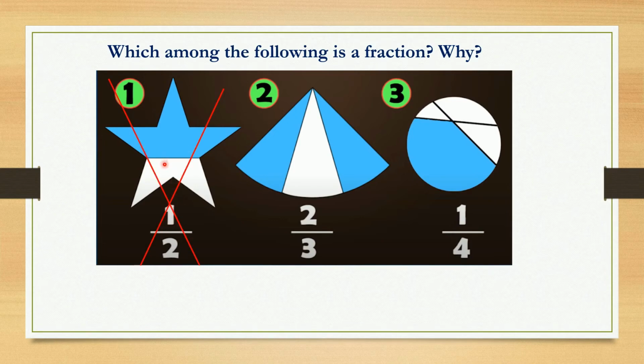It's wrong. Now let's see, this shape is divided into three equal parts. Are they equal in size and shape? Yes, they have same shape and equal size. So yes, the blue parts represent the fraction 2/3. So yes, it's correct. It is a fraction. Now let's see the last figure. Here you have a circle divided into four parts. Are they equal?